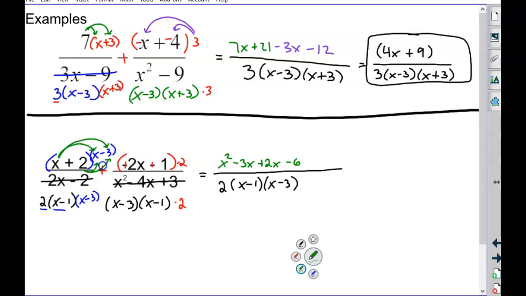You could combine like terms, but I'm going to have other like terms that I'll have to deal with, so we might as well wait. But then I have this 2 that's going to multiply everything together. So 2 times 2x will give me a 4x, and 2 times positive 1 is positive 2.